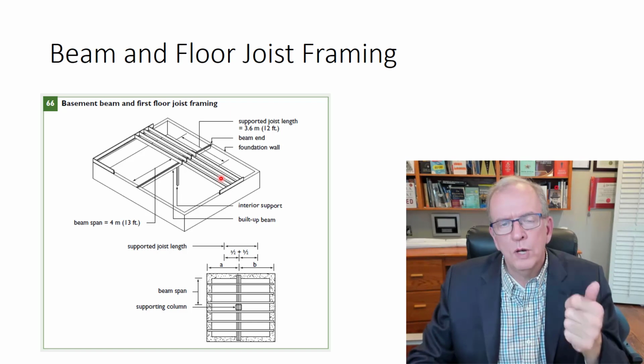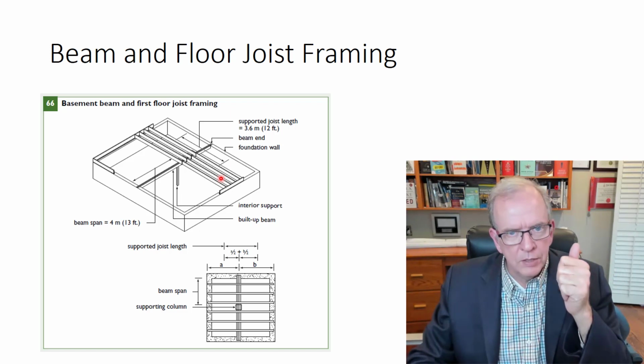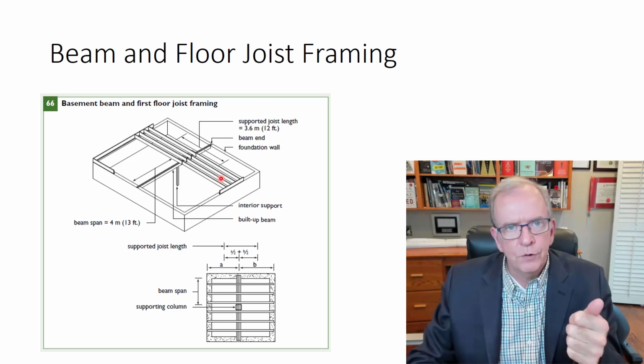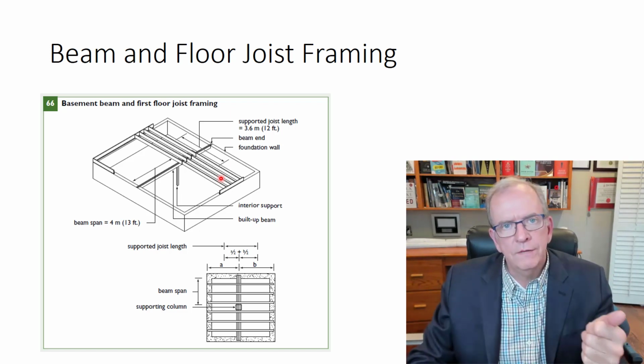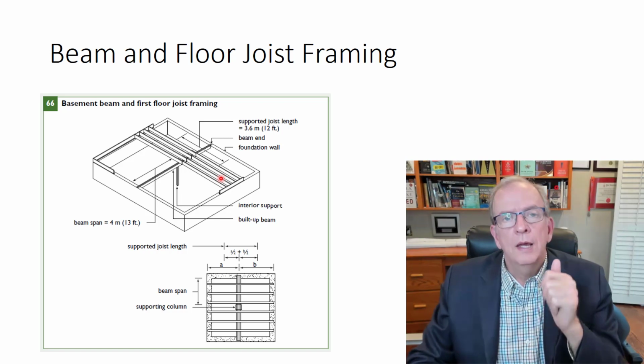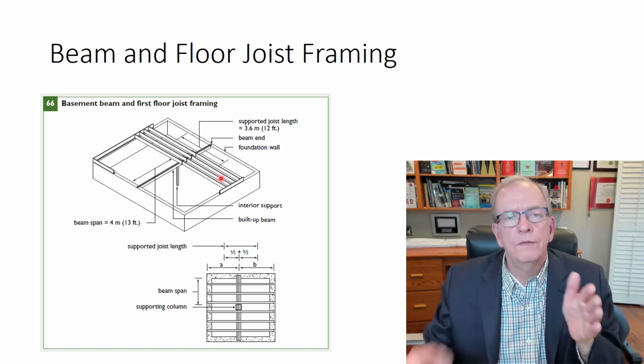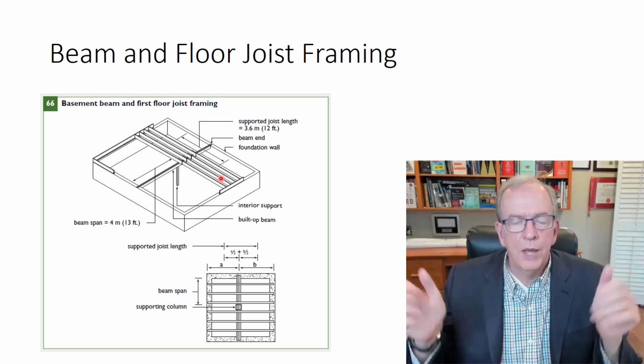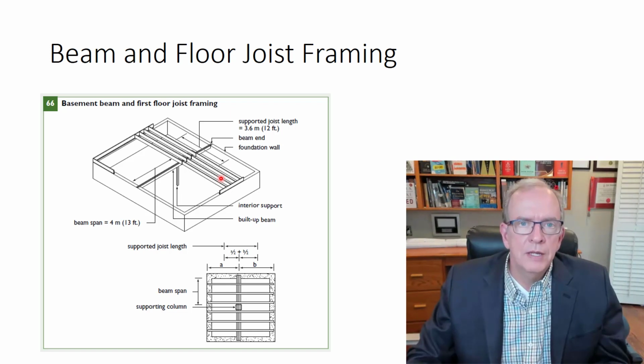So we've got 12, 16, 19.2, 24 inches. So you can see the 12-inch divides nicely into 4 feet. The 16 divides evenly into 4 feet. The 2 foot divides evenly into 4 feet. The 19.2 divides nice and evenly into 8 feet. 5 times 19.2 gives you 96 inches.